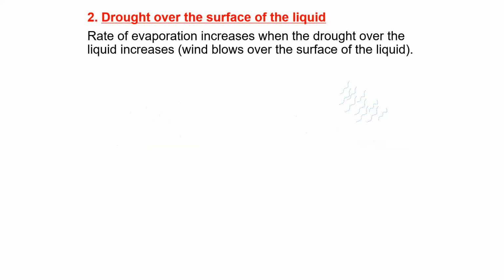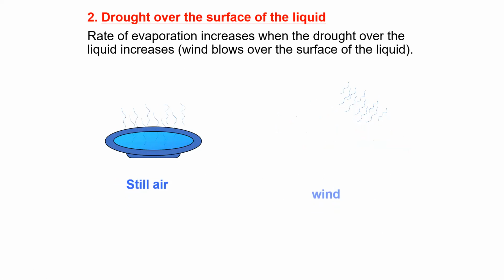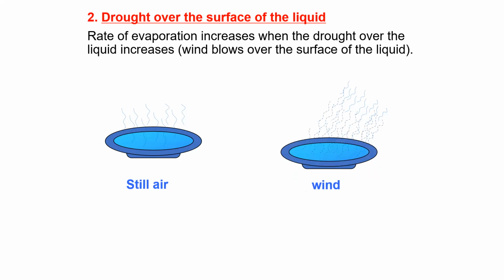So if we blow the air, the rate of evaporation will also increase, because when it is still air, when the particles evaporate and come out, they will be there at the surface, so the particles which are inside do not find too much space to come out.